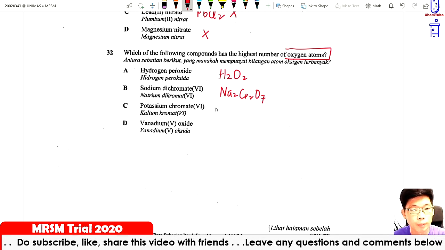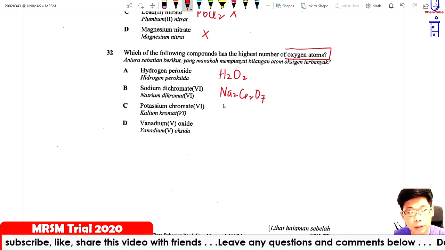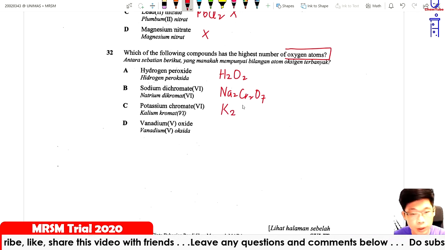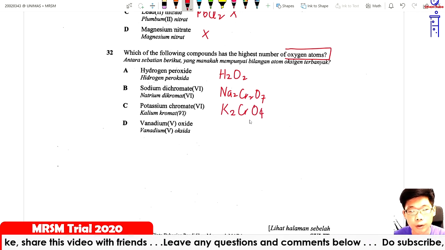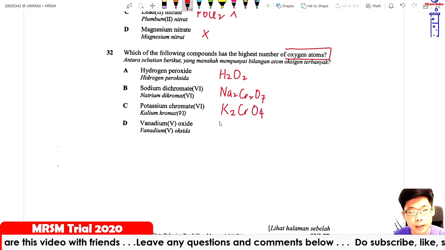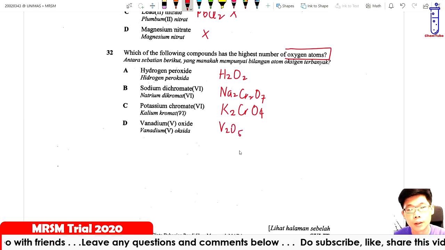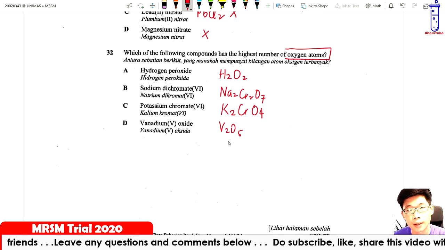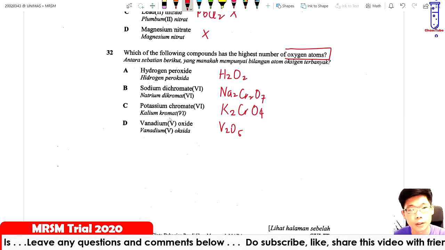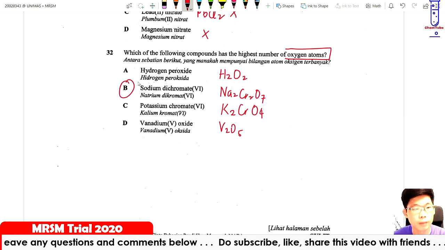Potassium chromate is K2CrO4. Then vanadium oxide is V2O5. So we check which one has the highest number of oxygen atoms. So it should be B.